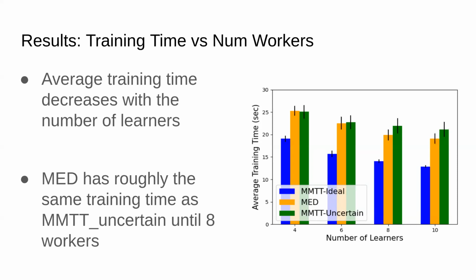So the ideal scheme that can perfectly allocate data is the blue bar. And you'll notice that's the lowest out of all of them, which is the result that we were expecting. MED, which is the orange bar, falls in between MMTT and MMTT uncertain at high numbers of learners, but at low numbers of learners, it seems to get roughly the same training time.